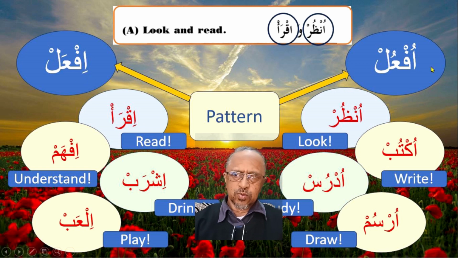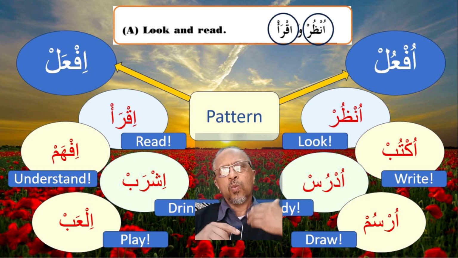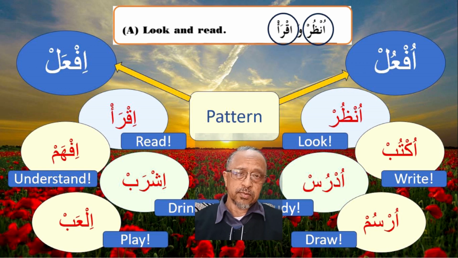Whether it's with the U or with the I, if anything precedes it, such as a wa or thumma, meaning then, if I say then read, it will be thumma qra. Then understand, thumma fham. First eat, then drink: كل الطعام واشرب or ثم اشرب. ثم اشرب الماء والحليب.